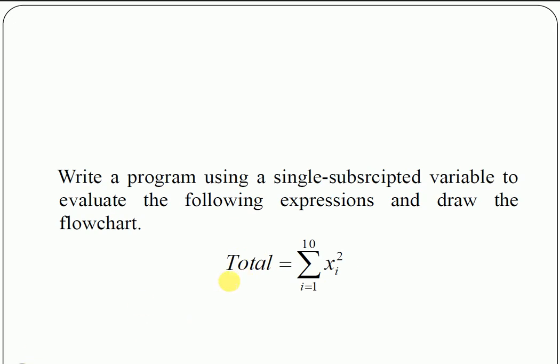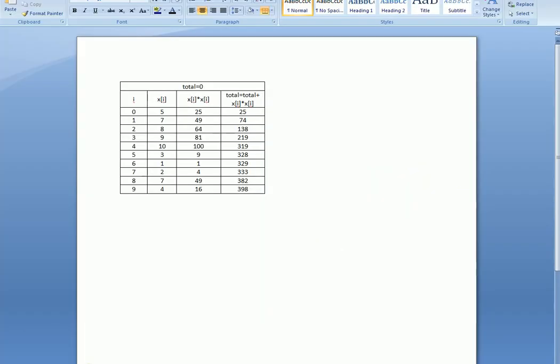So how can we proceed? For better understanding, we declare here a variable total. Initially there will be no value of total, that's why it will be 0 here.